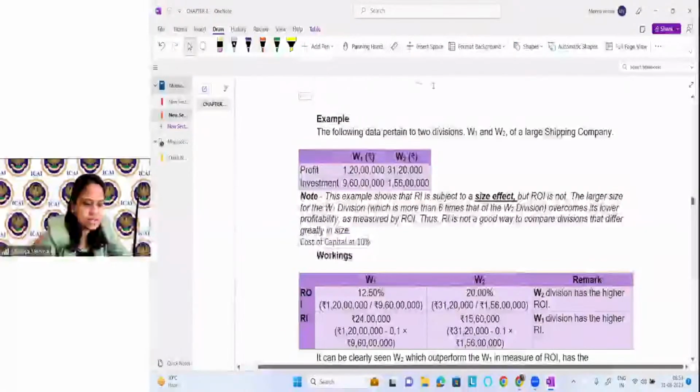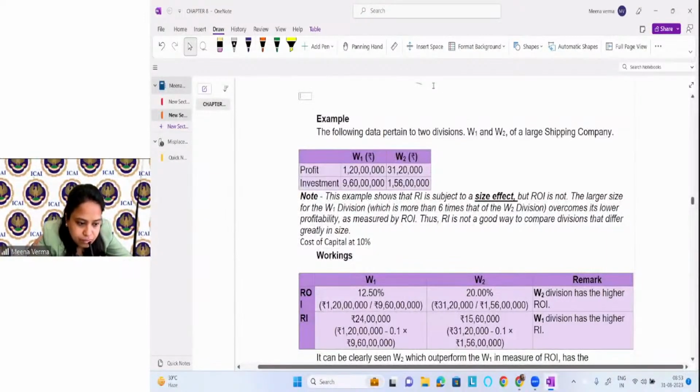So let's read this example. Let me see your doubt if you have any doubt. So, Janvi, I'll be taking the question because now the topic is all covered. I have already covered everything.